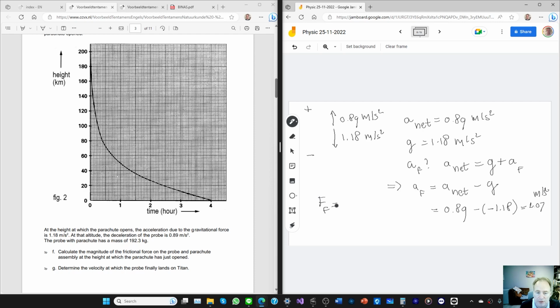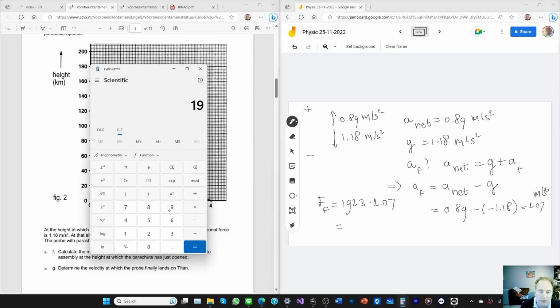So the friction force is the mass of the probe times the acceleration, which we have here, which is 192.3 times 2.07, which is 398 newtons.